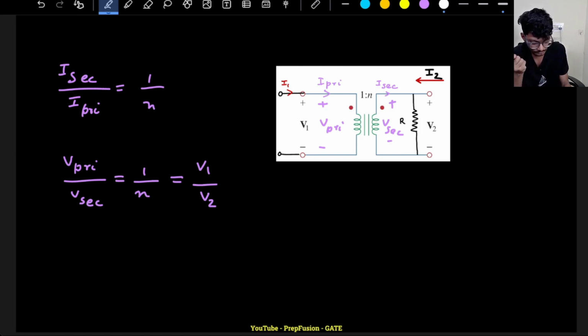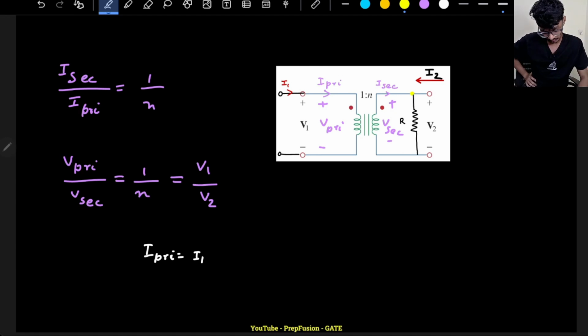If I observe, I primary is the same as I1, that I know. And if I apply KCL at this node, this current is equal to I2 plus I secondary.